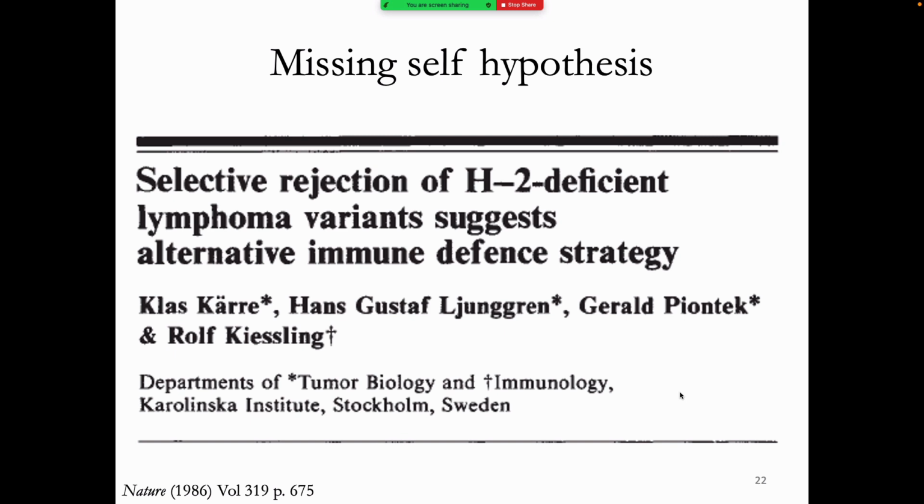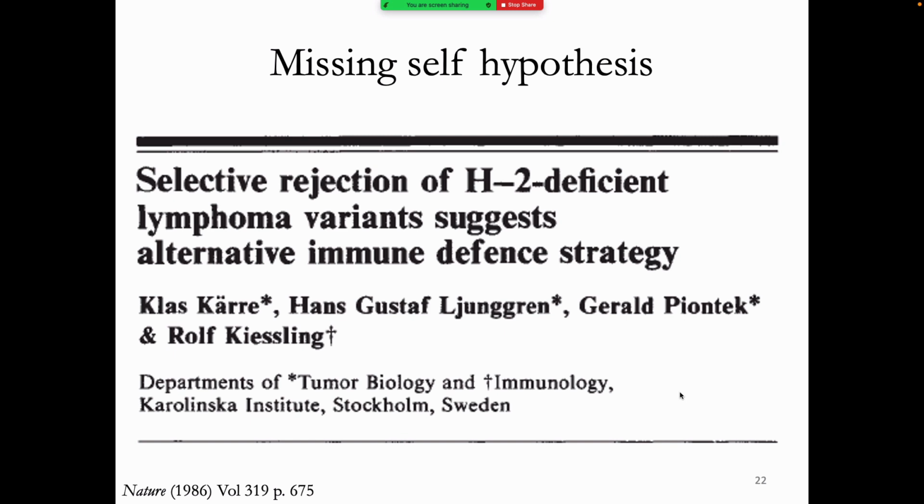And the idea with the missing self hypothesis is that you have some part of your immune system, I didn't know what it was, that recognizes when a self cell, because these are basically self cells, is missing MHC.